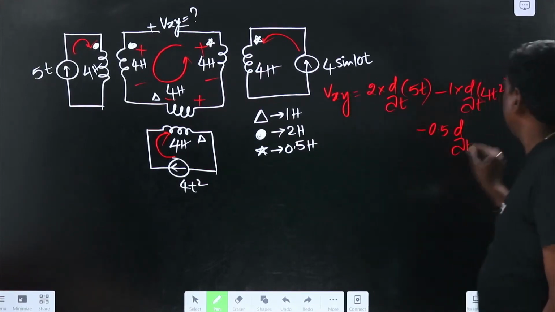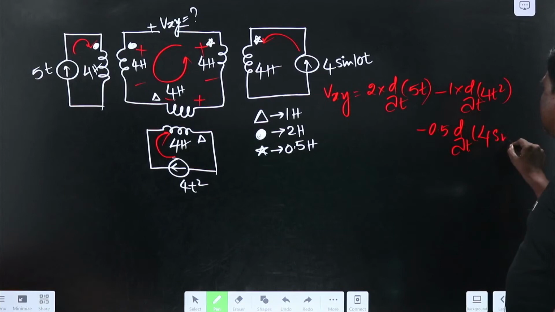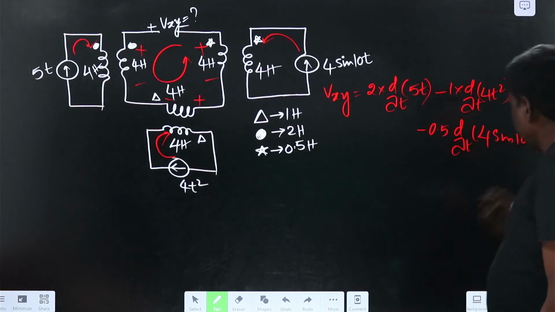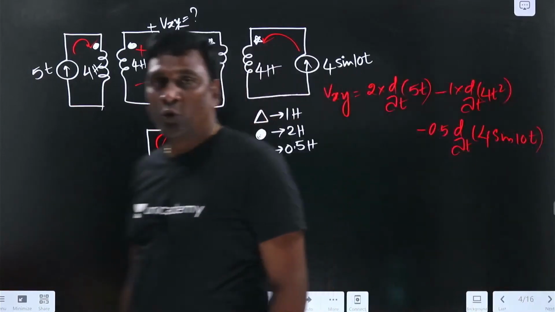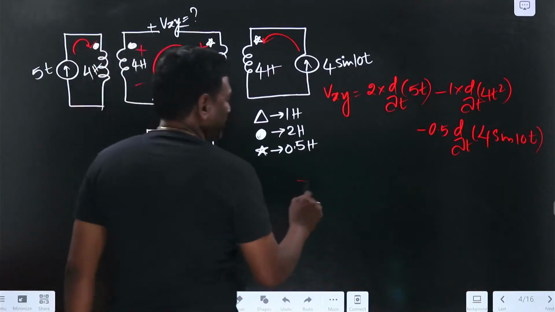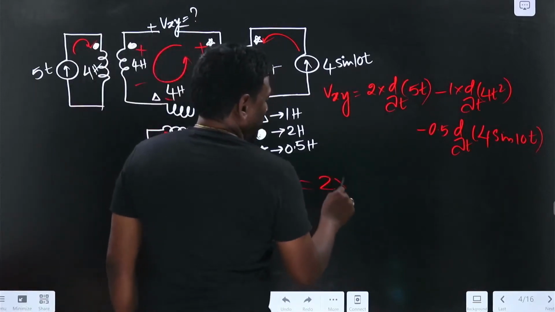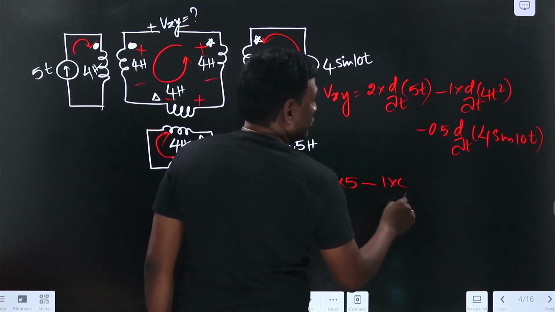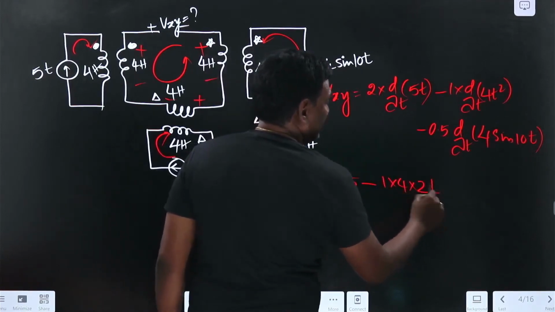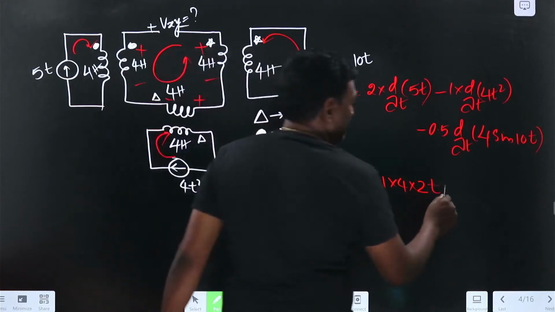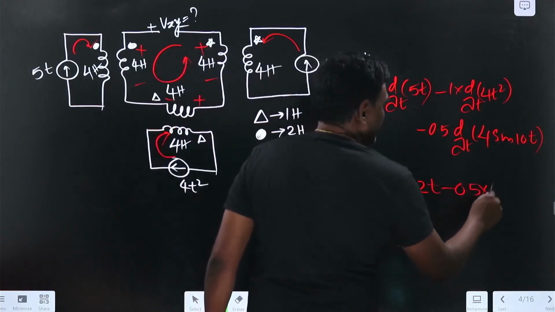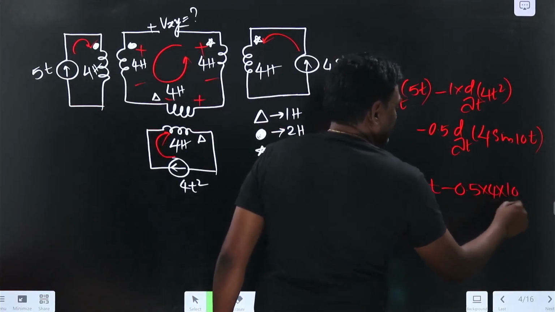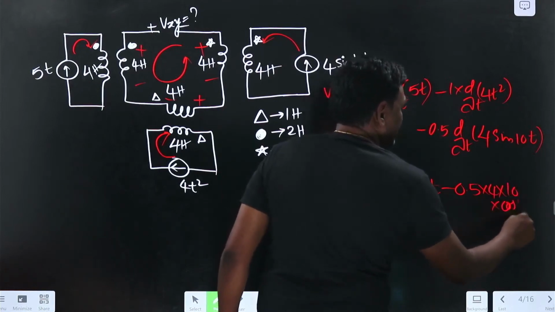So d by dt of 4 sin 10t. That's it. So this is going to be 2 into 5 minus 1 into 4 into 2t minus 0.5 into 4 into 10 into cos 10t.